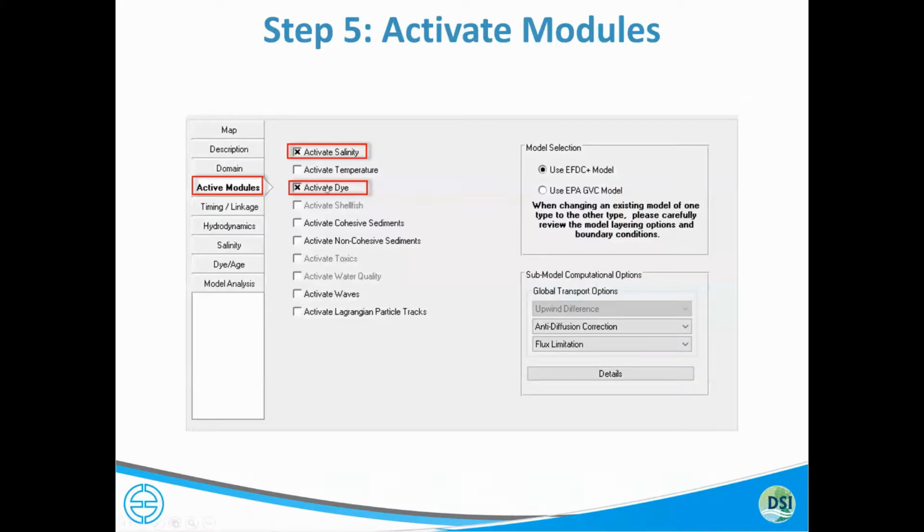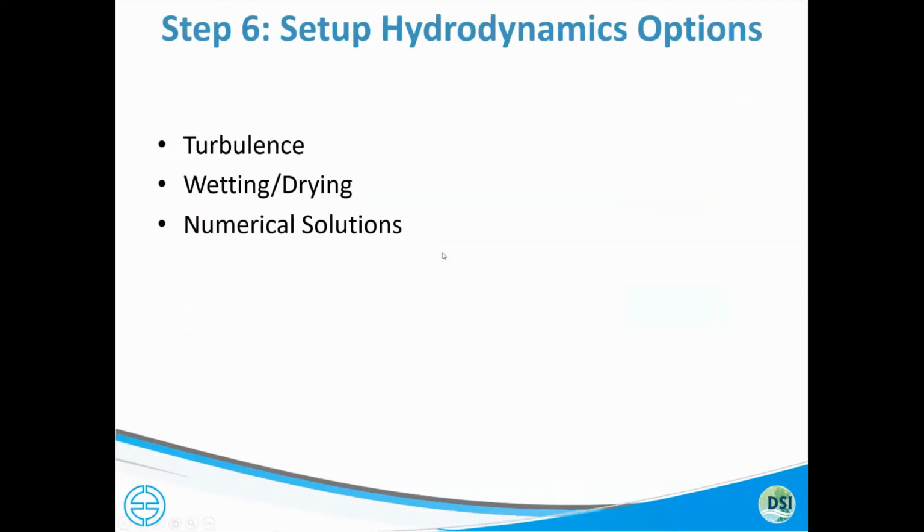Next thing we do is just turn on the activate salinity and dye constituents so that we can now define these parameters for the simulation. And the rest of the parameters that we have to set up for the initial model development are the turbulence and wetting and drying, if we needed to.